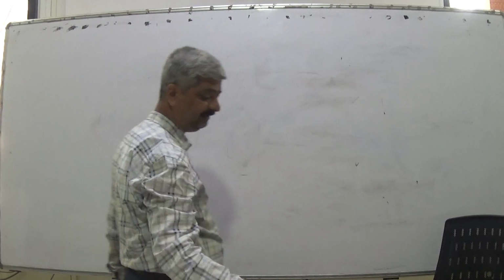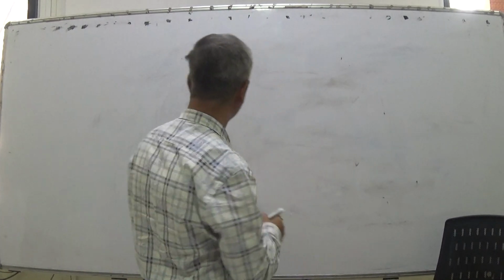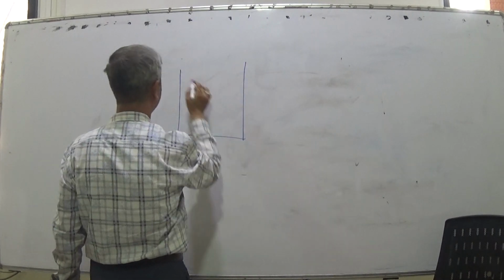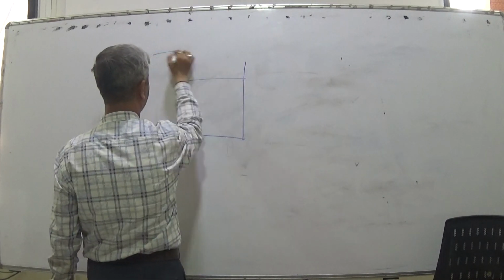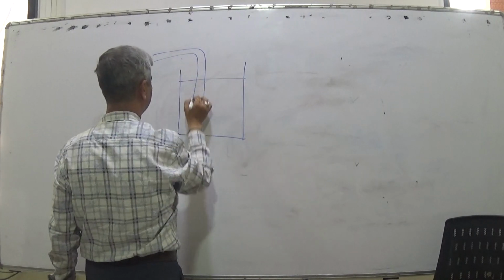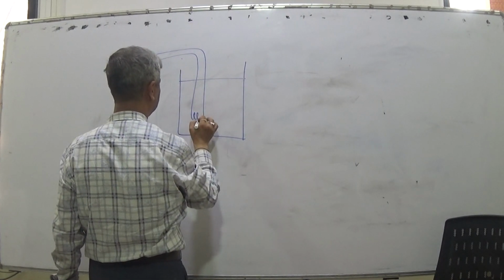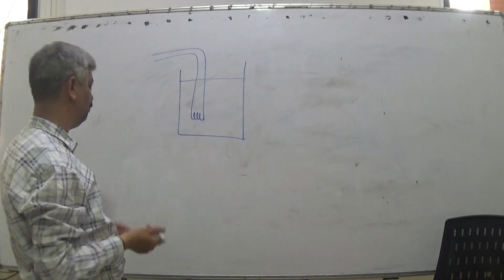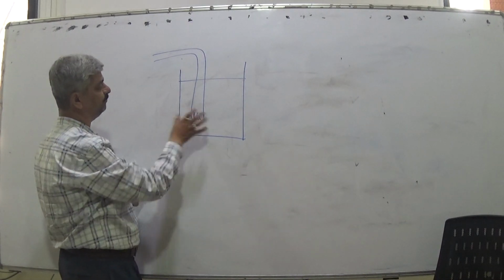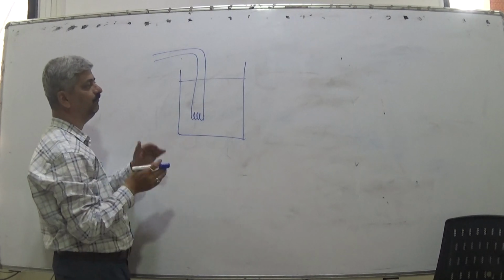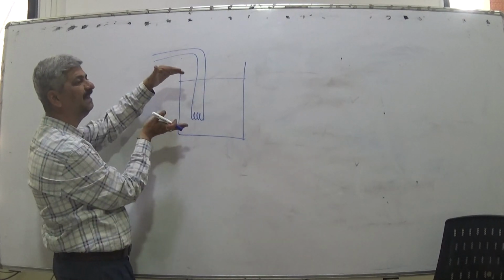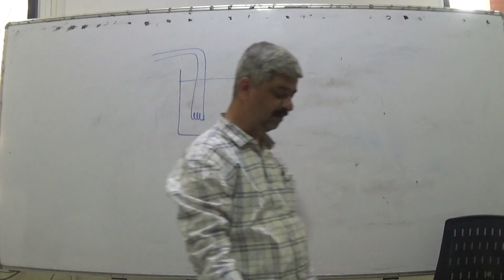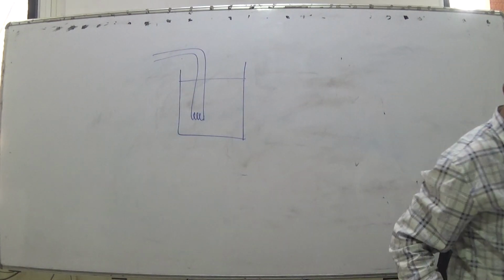Let us talk of a temperature system, and in that there is a heater. It is a water tank, and in that a heater is put, and you want to control the heater power. Now there is a concept of Newton's law of cooling.